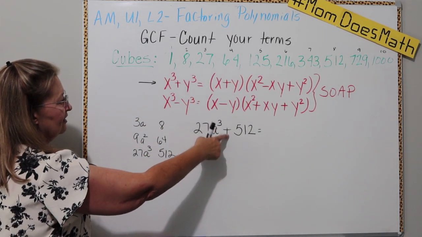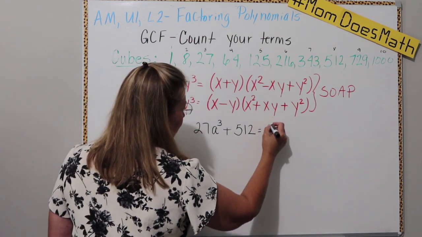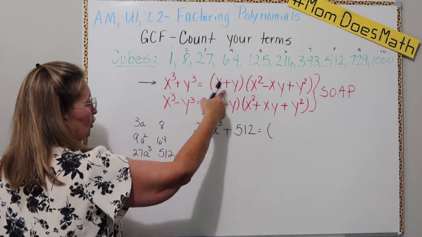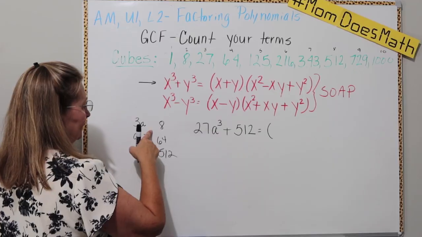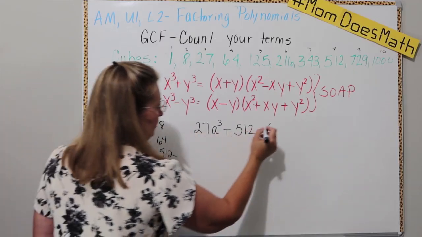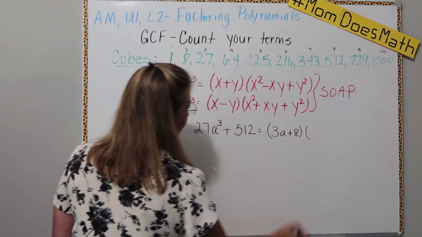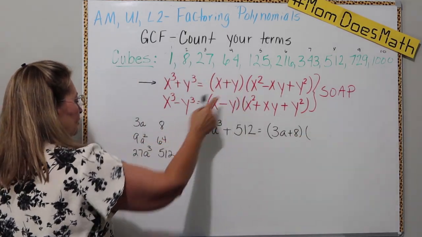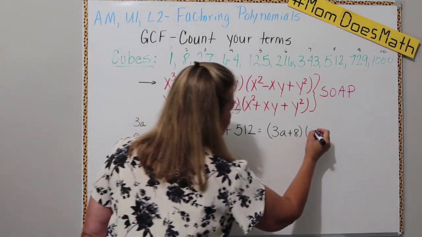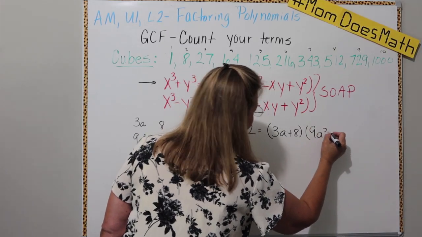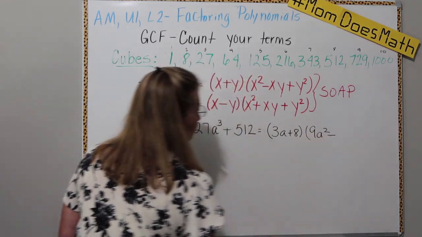Alright, since this is a sum, I am using the top one. And I'm going to need the cube root of each term added together. So I can just look over here now. 3a plus 8 times. Alright, I need that root squared, which was 9a squared. According to my formula, I'm going to subtract.